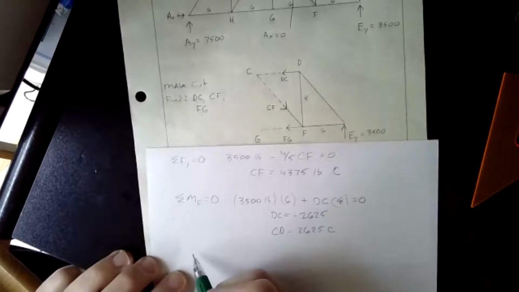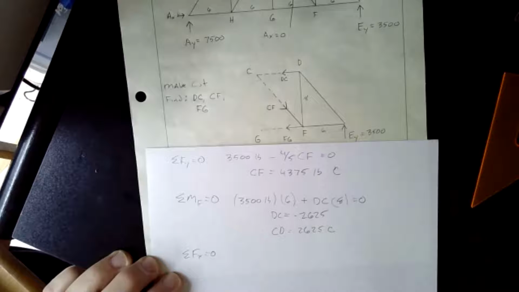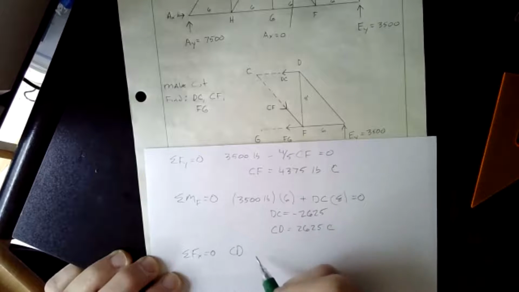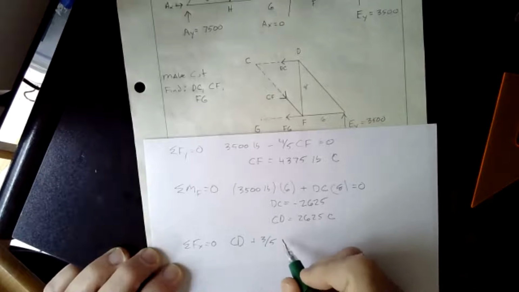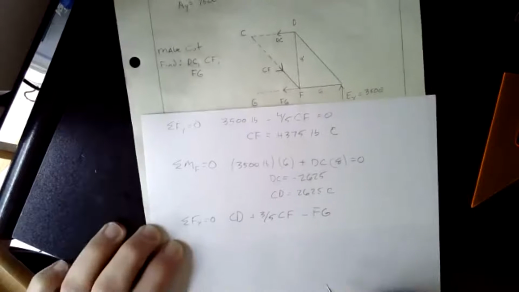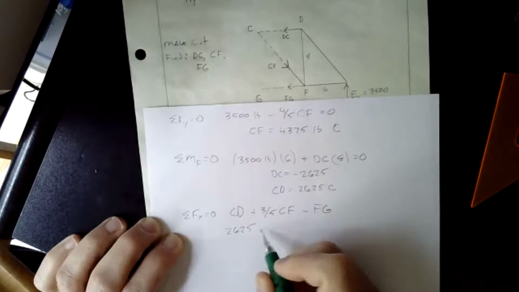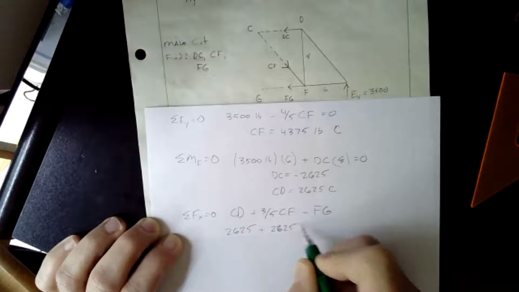And then last, sum the forces in the X to 0. That's just going to be CD plus 3/5 of CF minus FG. All right. So you have 2625 plus, and 3/5 of CF actually ends up being 2625.